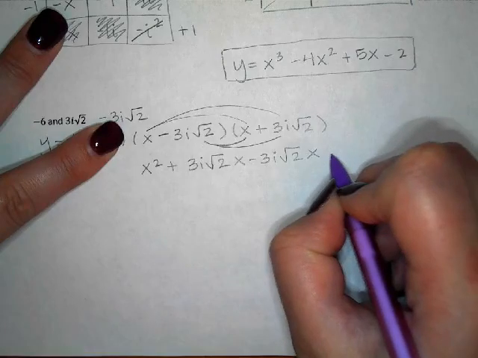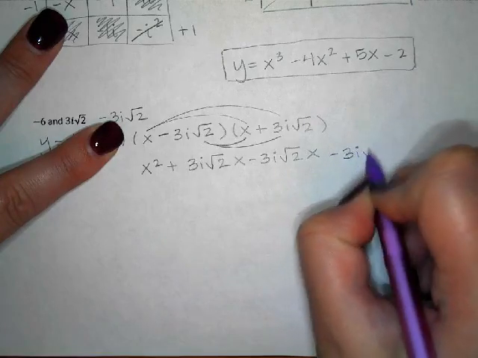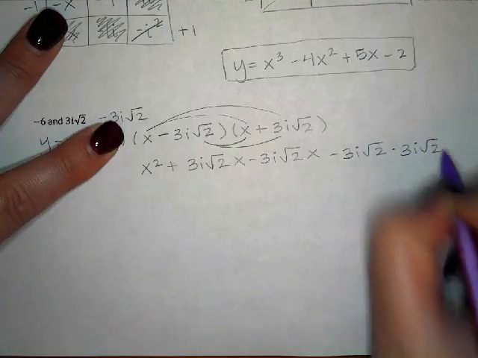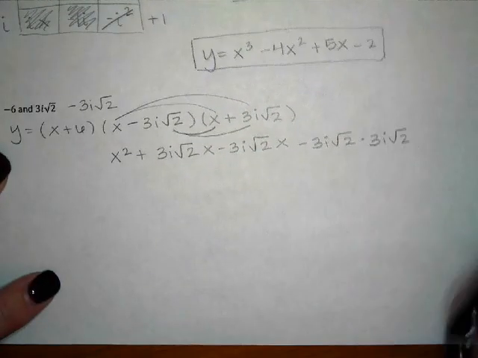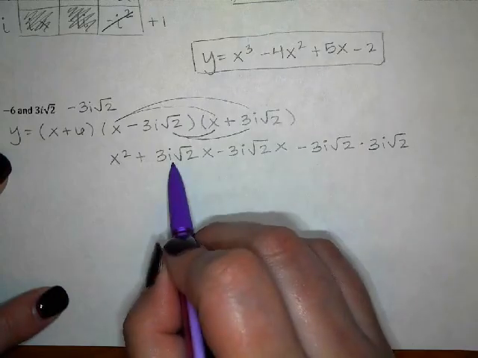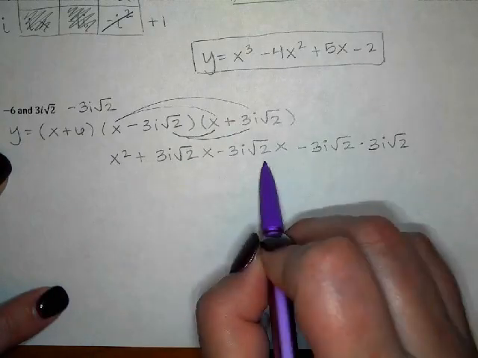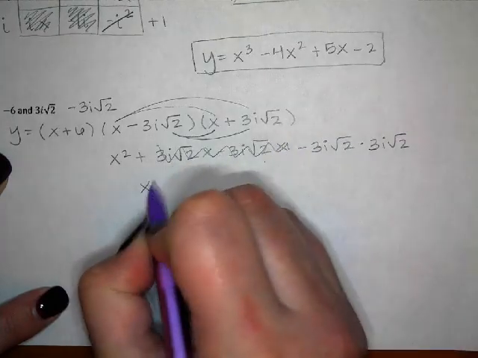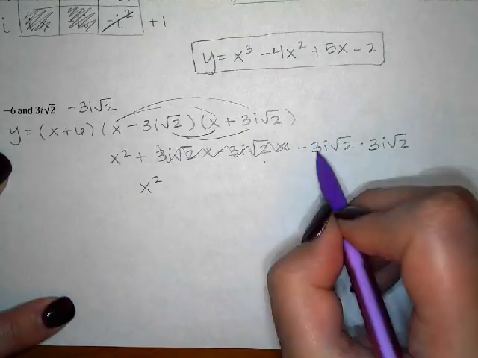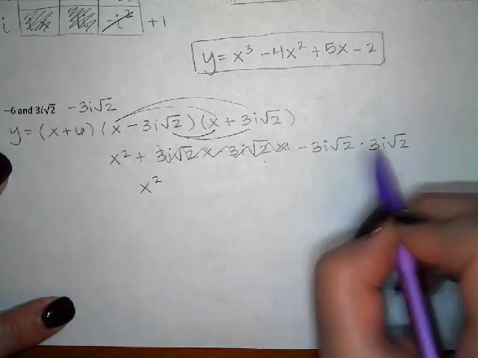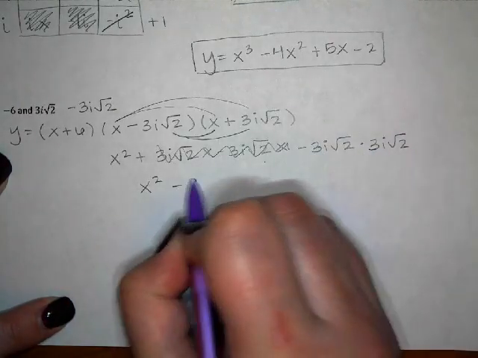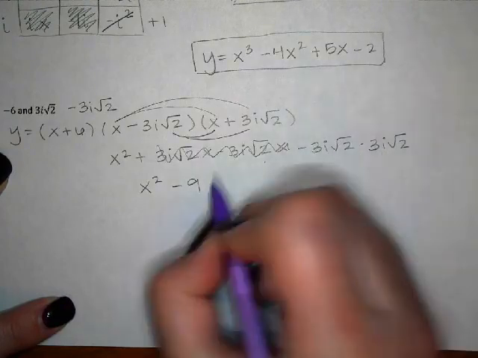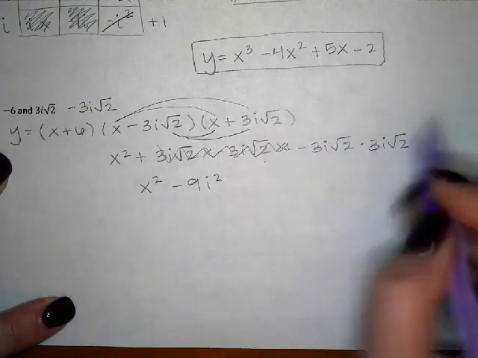Okay, so positive 3i root 2 x, negative 3i root 2 x, those disappear. Negative 3 times 3 is negative 9. i times i is i squared. Root 2 times root 2 is root 4, which is just 2. These are all multiplied together.